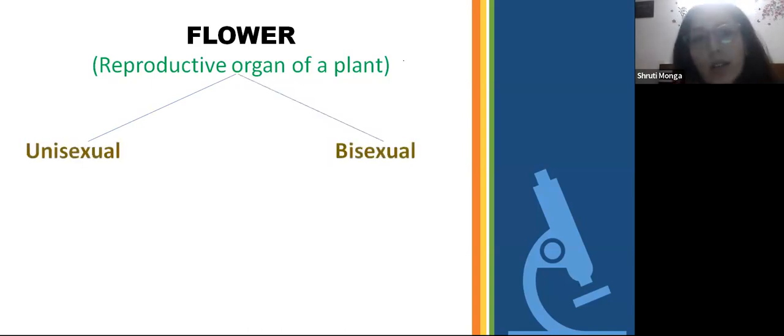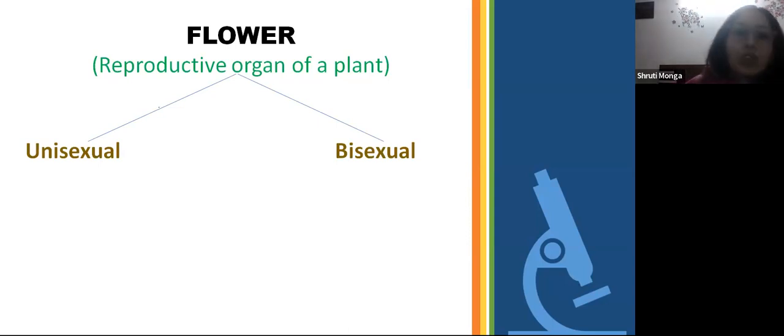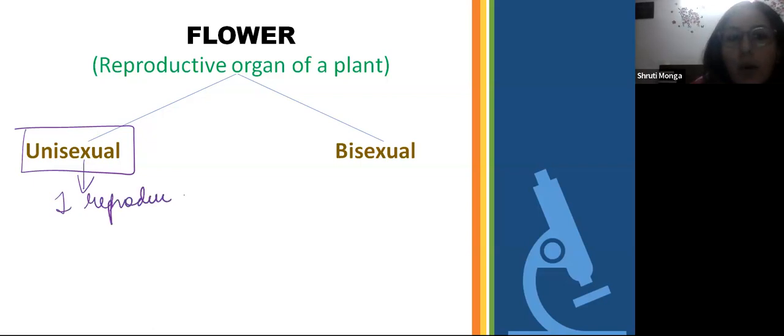Unisexual, bisexual. Just go with the word, and you'll get the meaning. Uni means one, sexual means the reproductive organ. So, when the flower has only one reproductive organ, such flowers are known as unisexual.